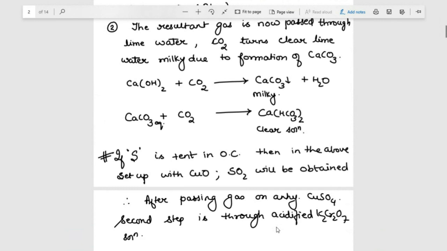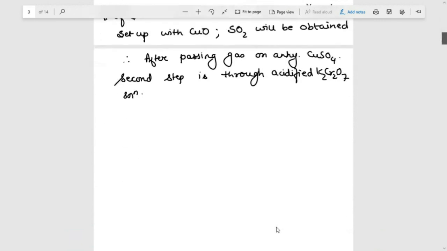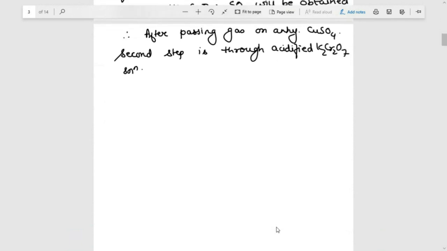Okay, in acidified K2Cr2O7 solution, SO2 will be converted to SO3. And then through lime water.